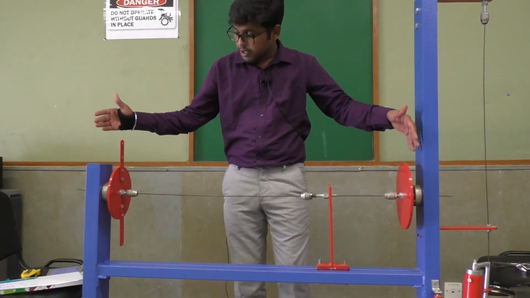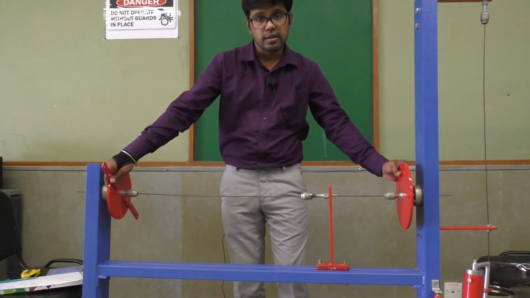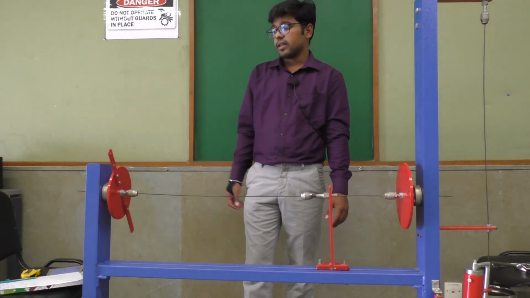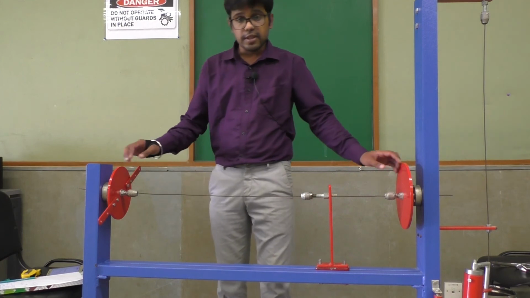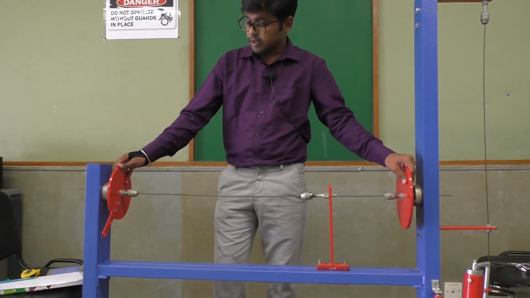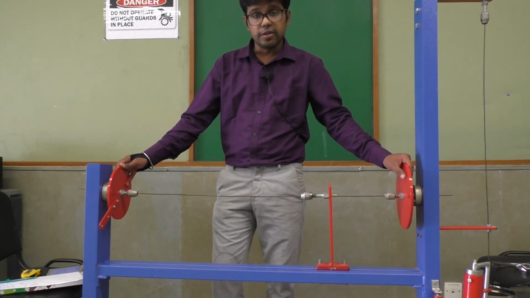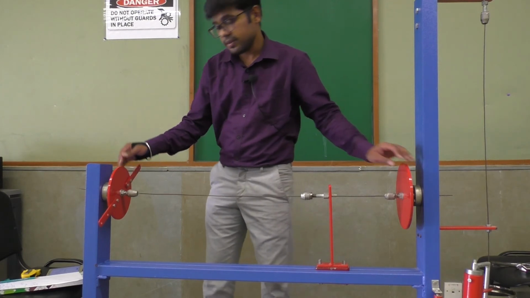So if this is the mean position, or say the equilibrium position of the system, we'll have to deflect it like this, and then we leave it. And that's how we can measure the time for 10 oscillations. We'll perform this experiment three or four times, and we'll record the time period for 10 oscillations, and based on that we'll move further with the observation and conclusion.